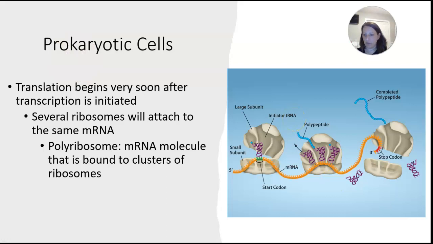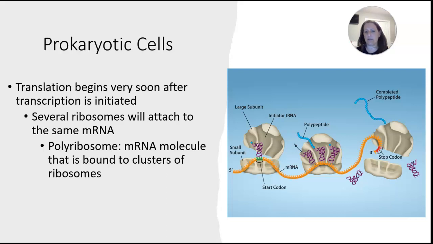Just going to mention a few more things, and there's actually a typo on this slide. So in both prokaryotes and eukaryotes, you could end up with what's called a polyribosome. In this particular example, and on the next slide, I'm going to specifically talk about prokaryotes. But I do want to mention that in eukaryotes, you can have a polyribosome as well.